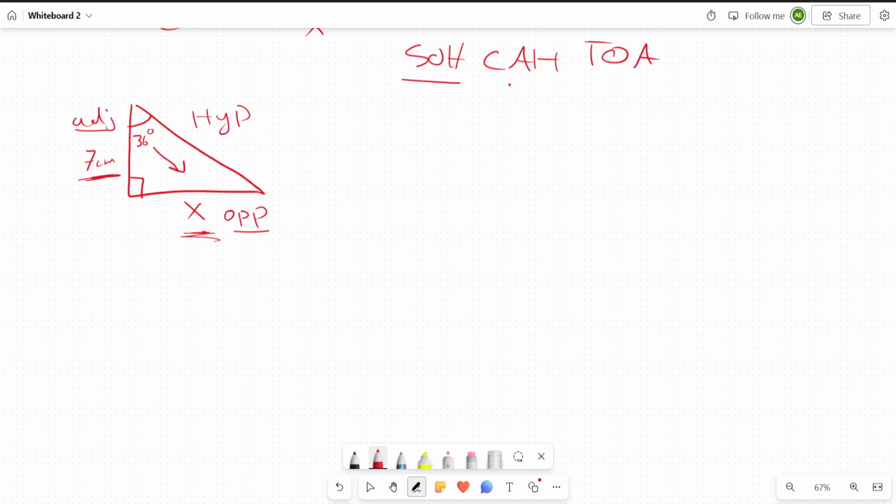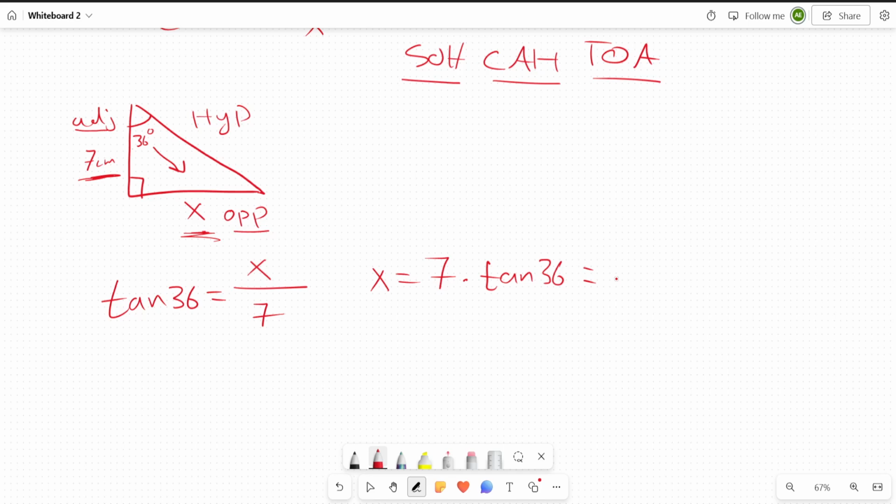So what relates my adjacent and my opposite? TOA. Tan is opposite over adjacent. So let's say I take tan of my angle, which is tan 36, equals the opposite, which is x, over the adjacent, which is 7. If I solve for x, x is going to be 7 times tan 36. This is going to equal, if I put it on my calculator, around 5.1 centimeters.